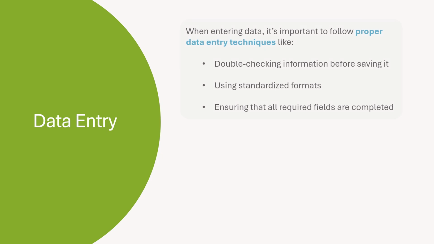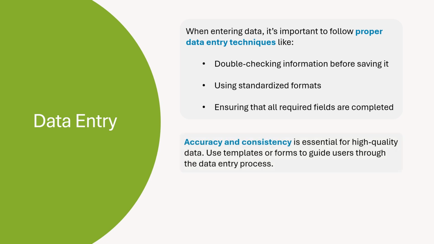When entering data, it's important to follow proper data entry techniques. This includes double-checking information before saving it, using standardized formats, and ensuring that all required fields are completed. For example, if you're entering a new raw material into the system, make sure you include the correct category, part number, and attribute values.